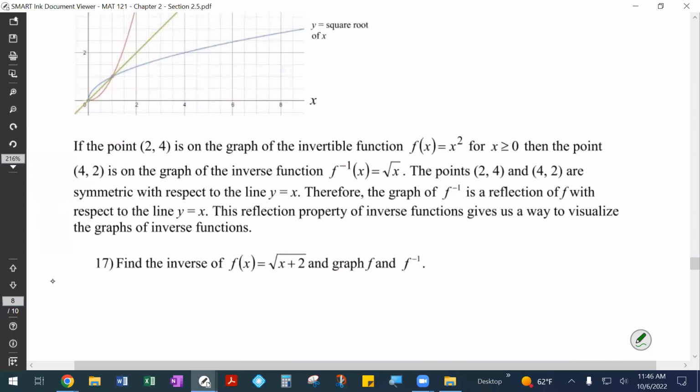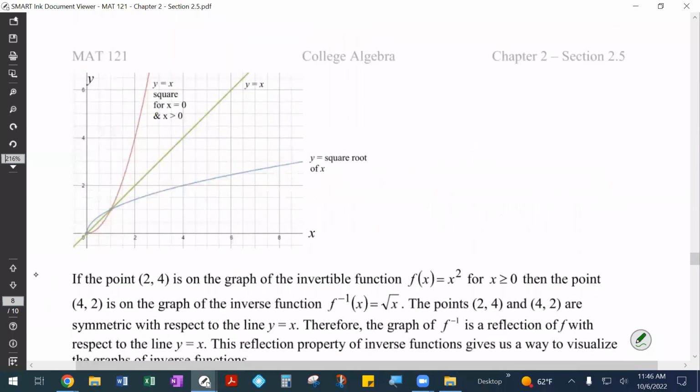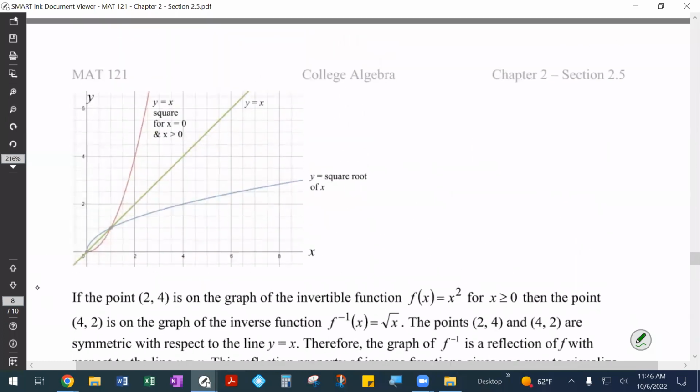And they're saying the other thing you can actually do is pick a point on each of the lines and see if your x and y variables are being interchanged. So if you're talking about the point (2, 4), that would be this point over here. Now, if you interchange your x and y, that will become (4, 2).